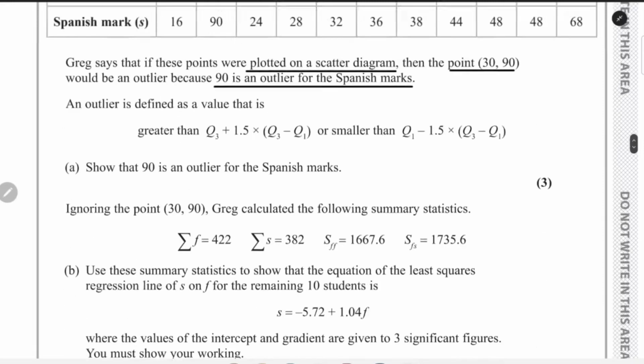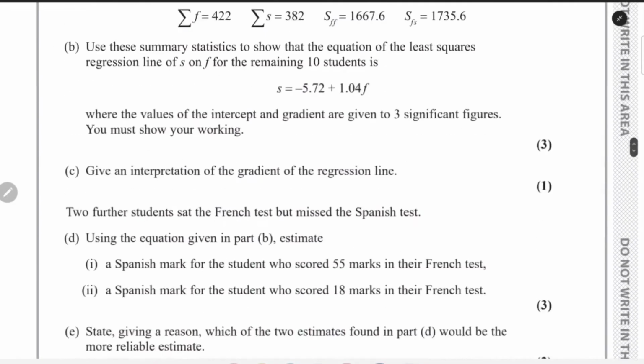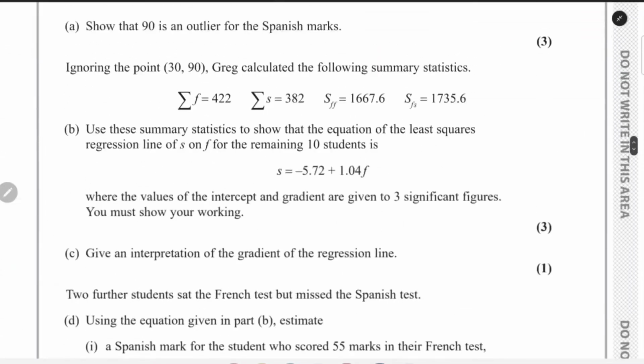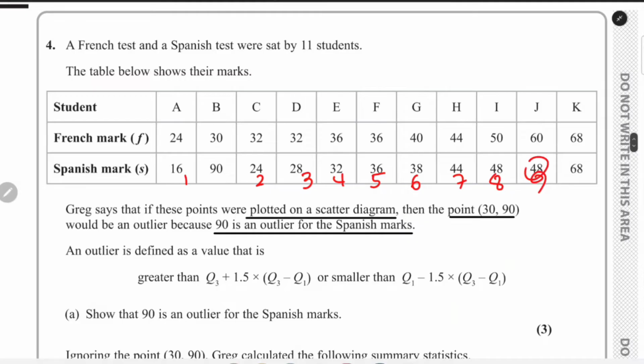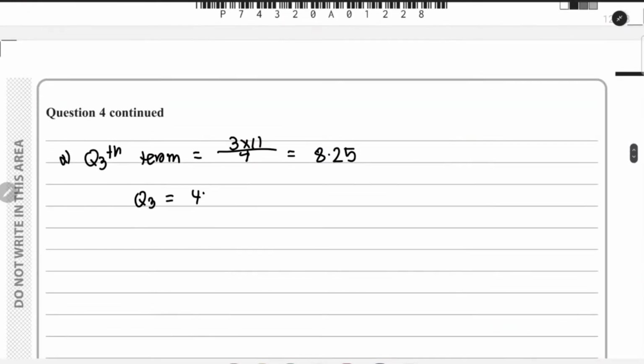So let's find this. The smallest is 16. The next smallest would be 24. Then 28. So this would be the ninth. So 48 is Q3. So Q3 is 48.